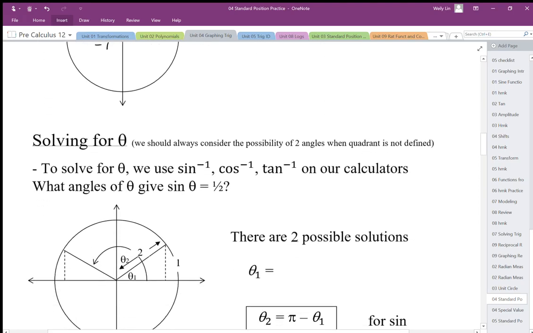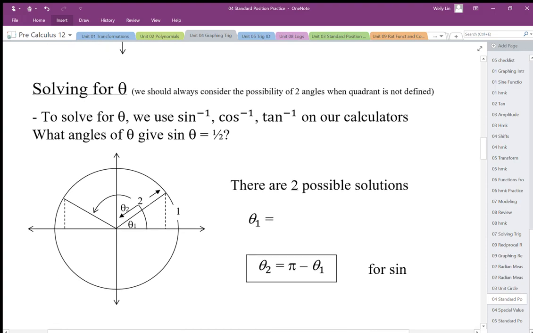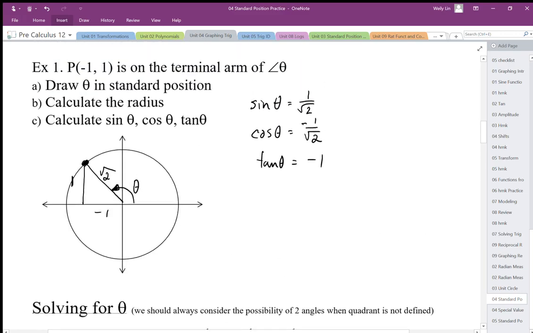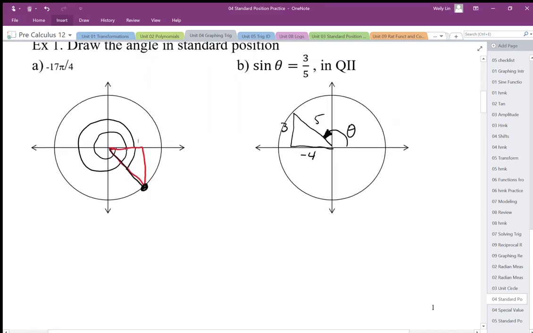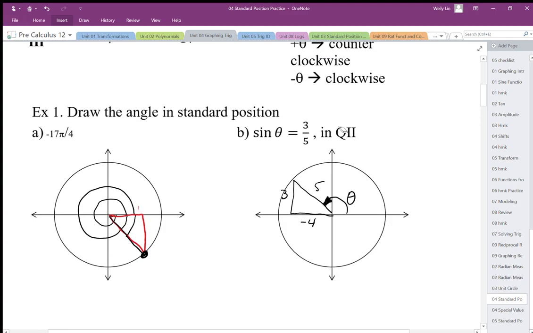So solving for theta, we always have to consider two possibilities. Okay, so if I undo sine, there's always two possibilities. So here's an example. Sine theta equals 1/2. In the previous problem there wasn't an issue because you were told a specific quadrant, but we could have just as easily drawn it in two different places.